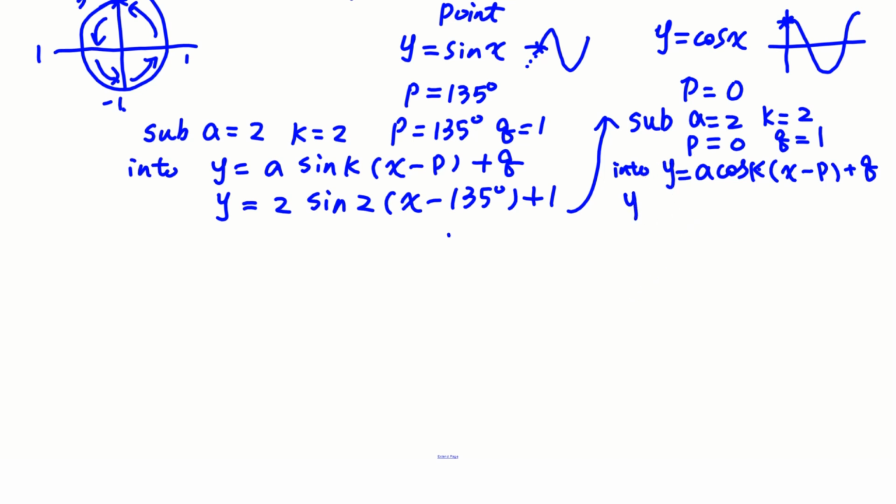So y equals 2 times cosine 2 bracket x minus 0 bracket plus 1.